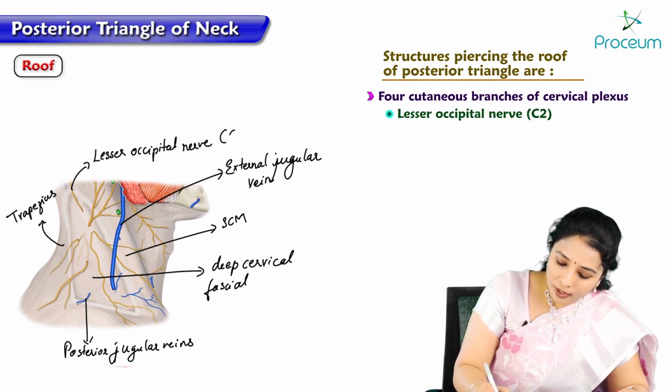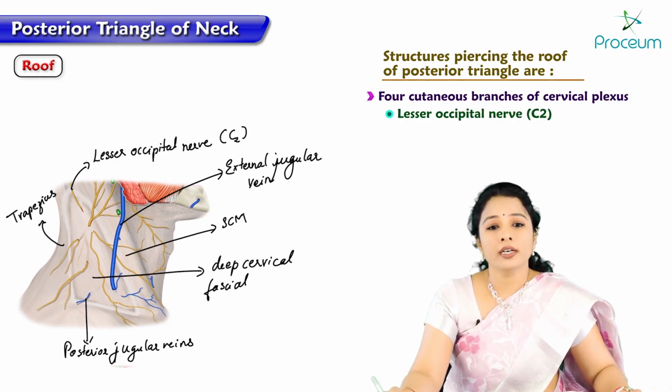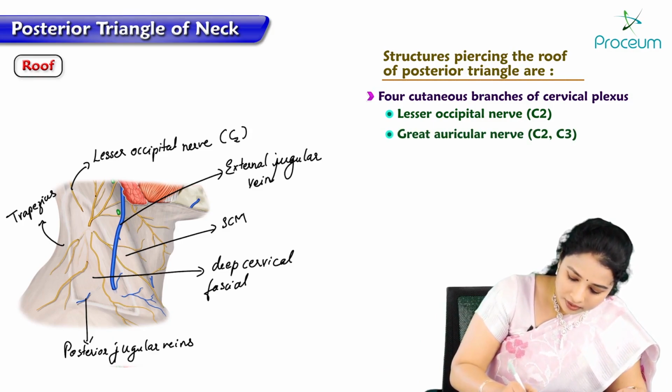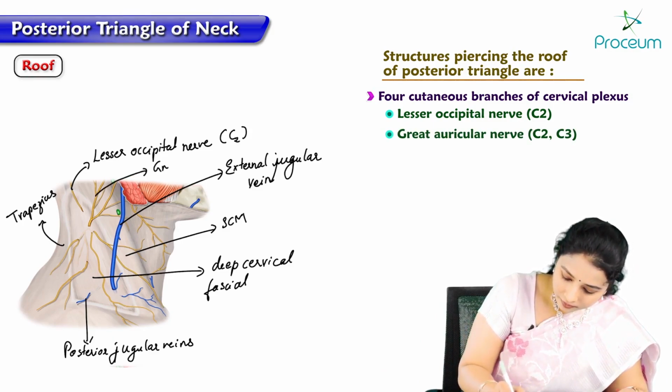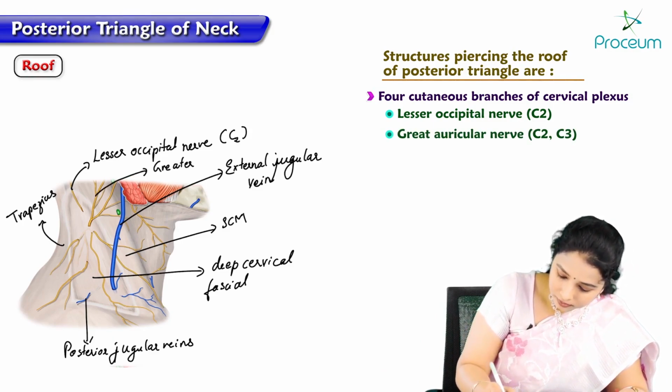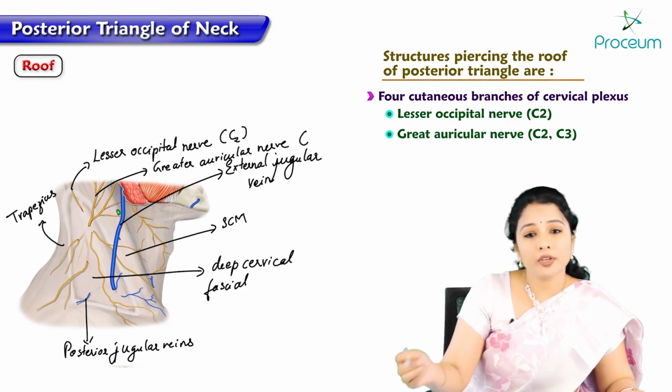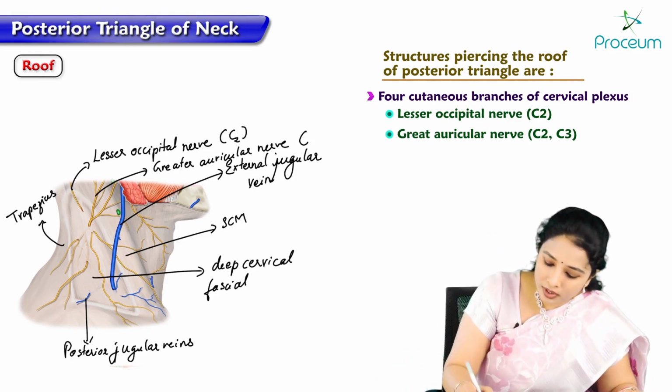It bears the root value as C2. And next is the greater auricular nerve. Greater auricular nerve is this one. The root value of greater auricular nerve is C2, C3.